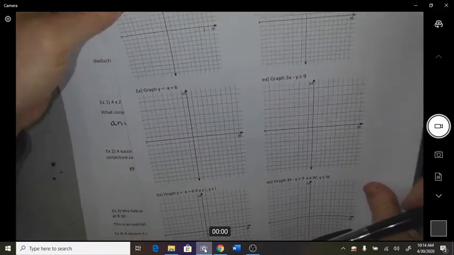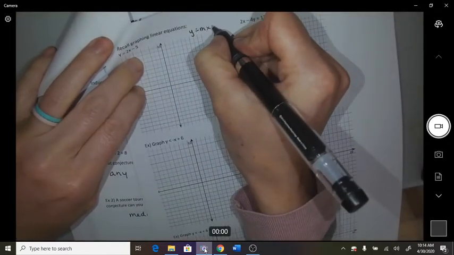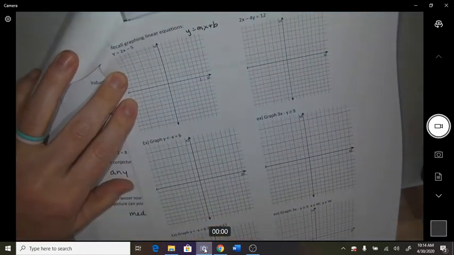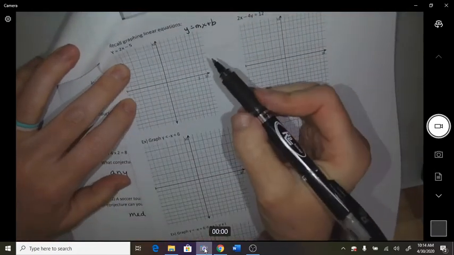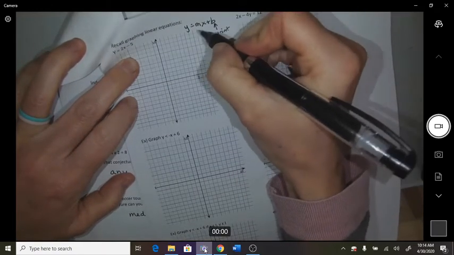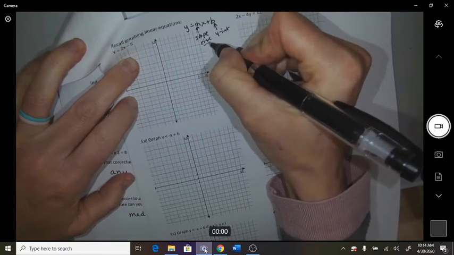Okay, recall graphing lines from grade 10. In grade 10 you learned mx plus b, slope-intercept form. The b represents the y-intercept, and m is the slope, which is rise over run.